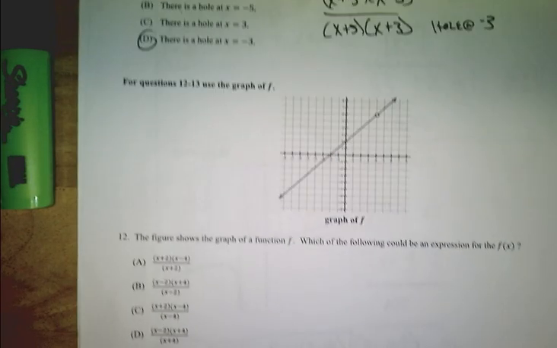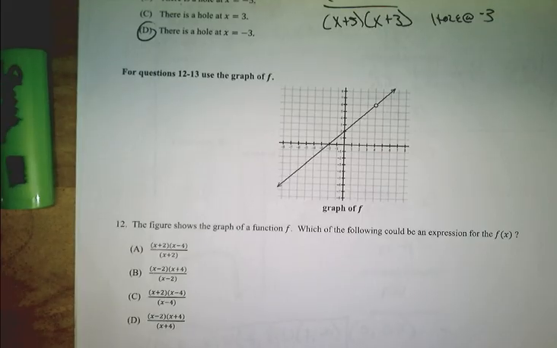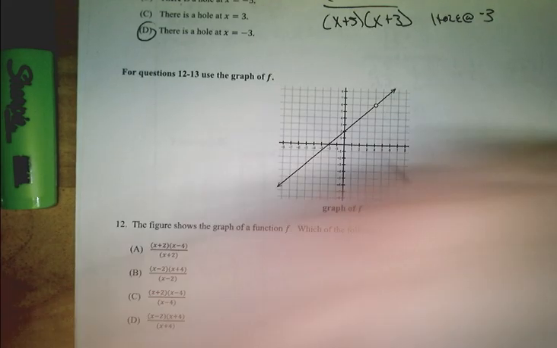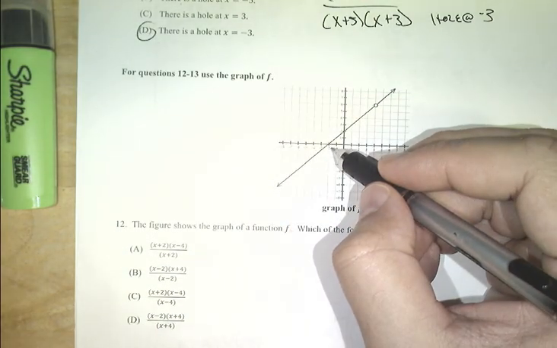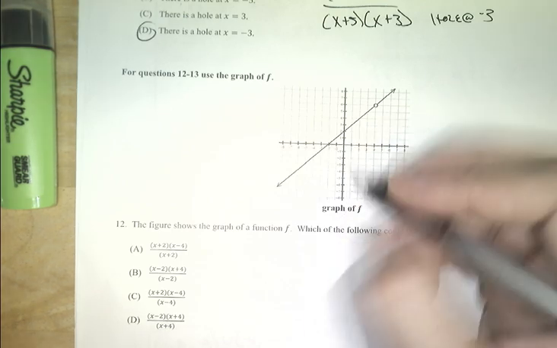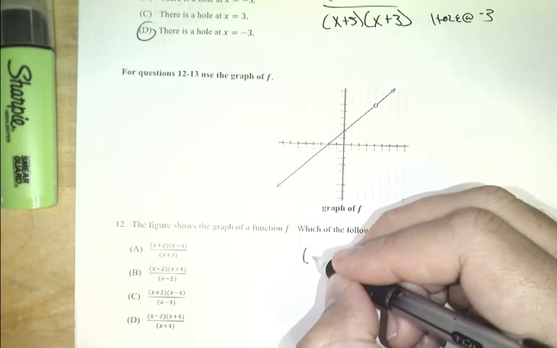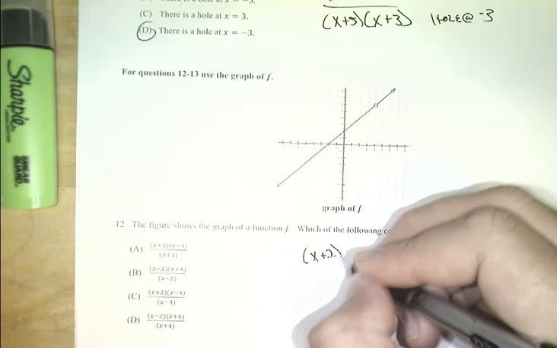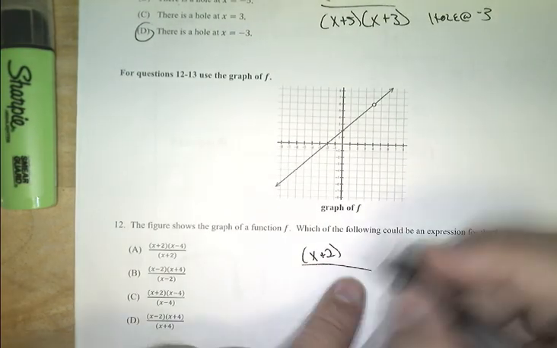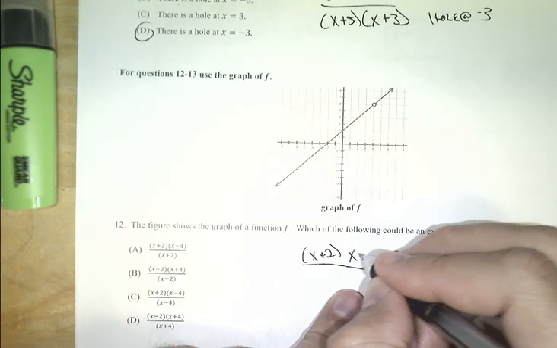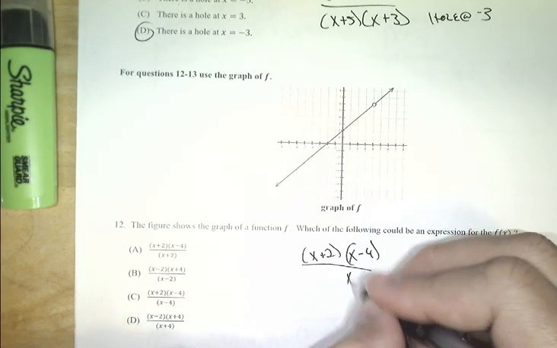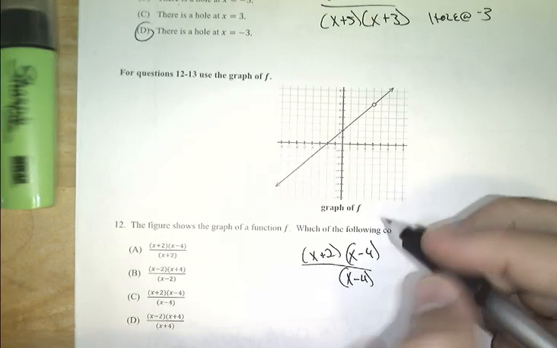Okay. The figure shows the graph of function f, which of the following could be expressions for f of x. So let's see here. We have an x-intercept at -2, so on top I must have x plus 2. There is a hole at 4, so I should have x minus 4 on top and x minus 4 on bottom.